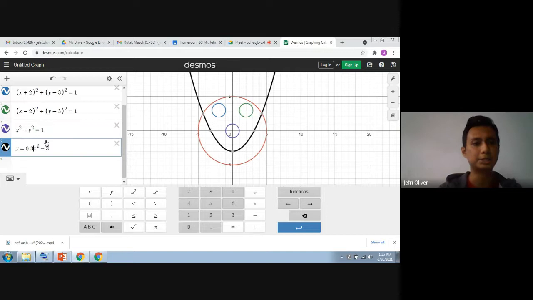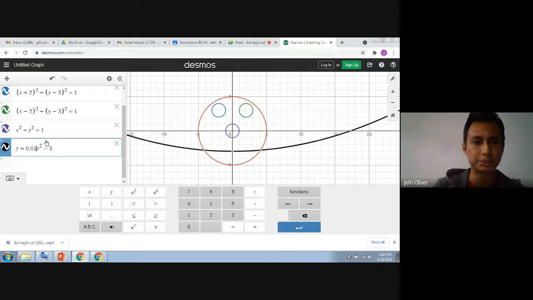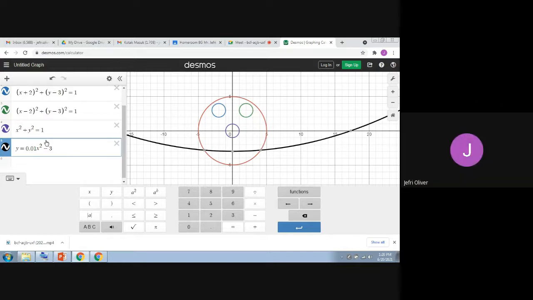Like if you want to change the constant of the x squared, like 0.5, the concavity of the smiling face will change, or you can make 1, for example, or 0.01. So basically, you can do trial and error. Of course, you can use your feeling or your justification. So my justification, I just want to make the constant of the x squared 0.3.